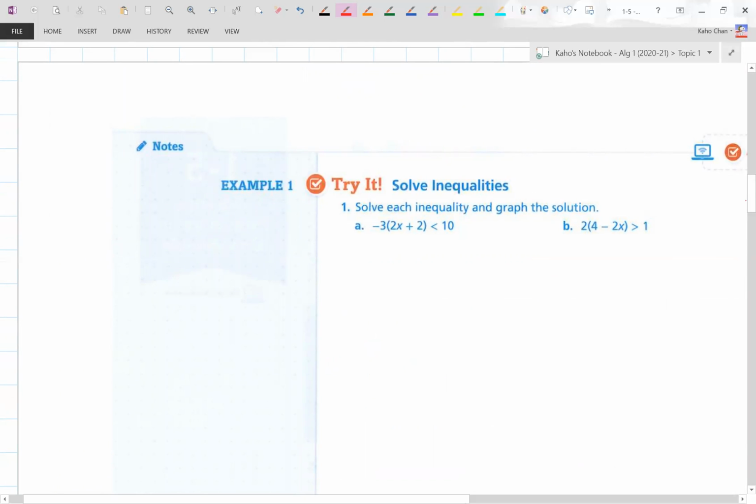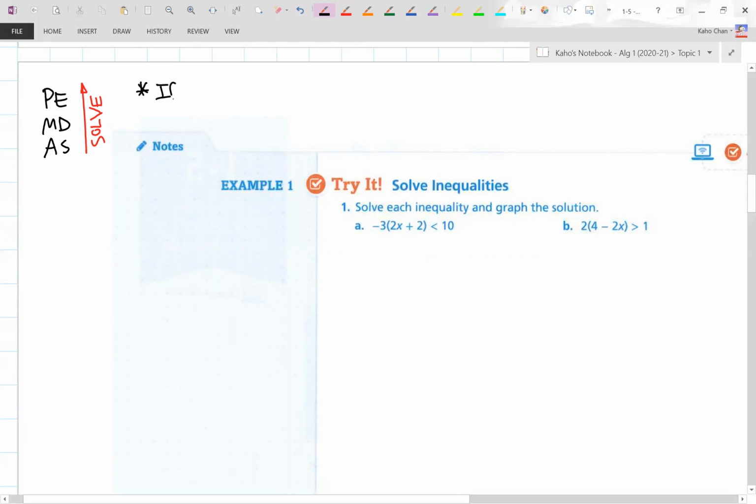All right, a couple of things we're going to put here in addition to solving. I just wrote this down a moment ago. I'm going to write this down again to just, nice review, nice reminder. Solving goes backwards of order of operations. Something to keep in mind when it comes to inequalities.